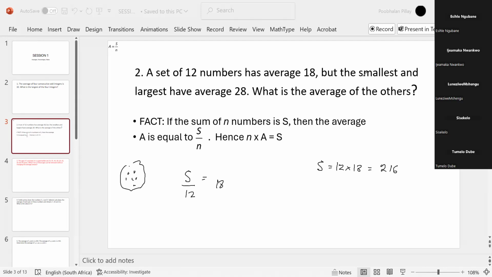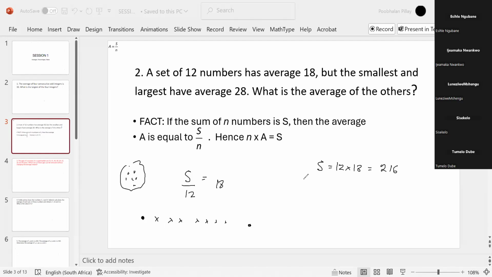Now, they say the average of the smallest and the largest is 28. In other words, if you list all these numbers, the smallest and the largest, and all these other numbers there, the average of just the smallest and the largest is 28.